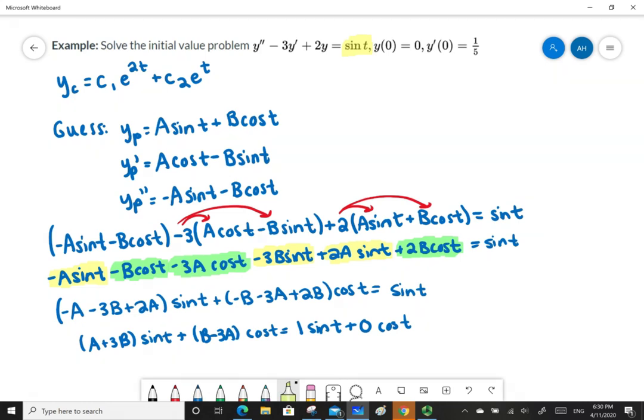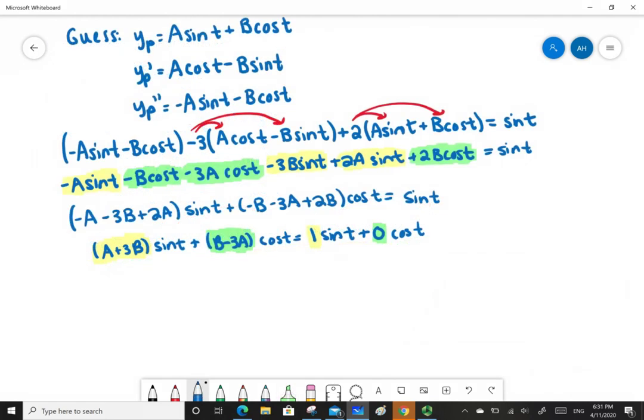Specifically for this problem, we need the coefficient on sine on the left to match the 1 on the right, and the coefficient on cosine on the left to match the 0 on the right, since there are no cosines on the right side of the original equation. So we get a system of two equations, two unknowns. A plus 3b has to equal 1, and b minus 3a has to equal 0.